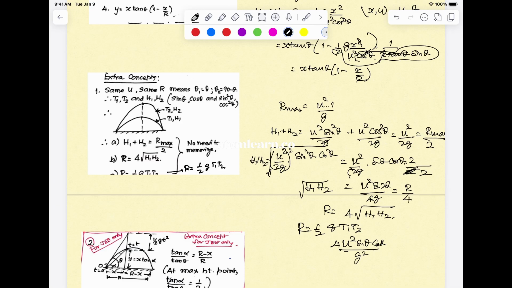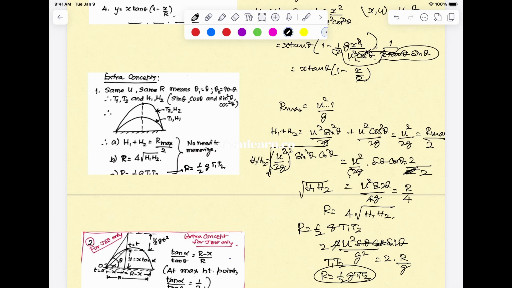Therefore, this is nothing but 2 into u squared sin 2 theta by g squared, which is 2 times range by g. This is t1 into t2. Therefore, we now have range equal to half into g into t1 t2, a formula which will be quite useful in solving some types of problems.